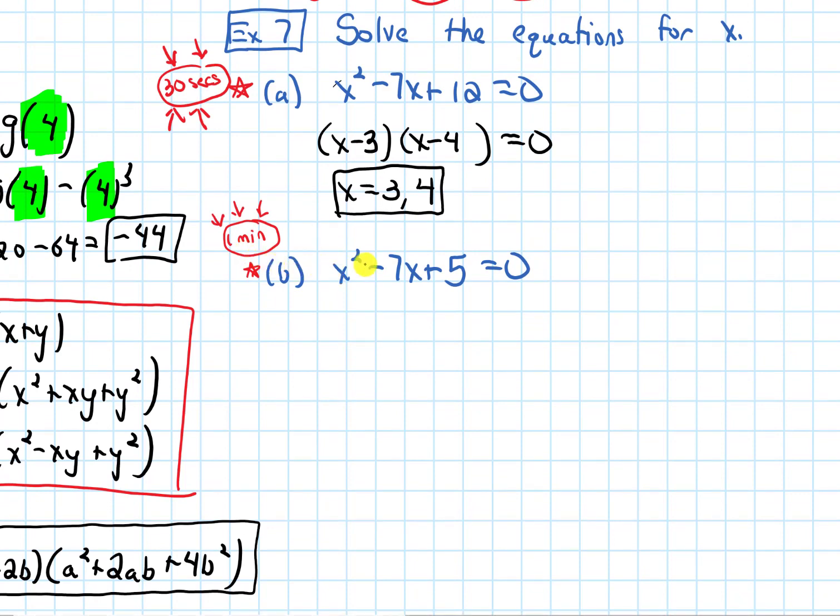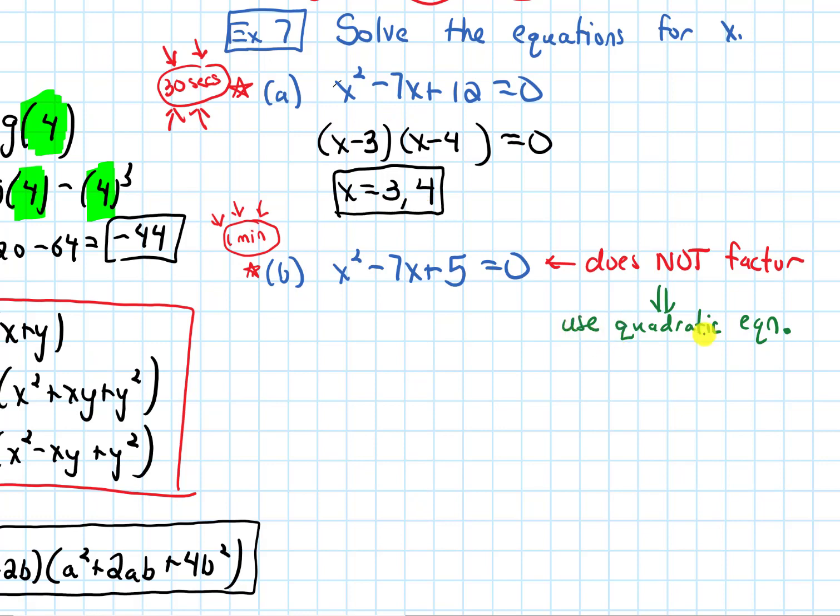One thing that you may have noticed is this expression on the left-hand side now does not factor. So if I'm trying to solve a quadratic equation and it does not factor, we should use the quadratic formula. We could use it even if it did factor, like part A does, but if it does factor, it's usually quicker to do it by factoring.